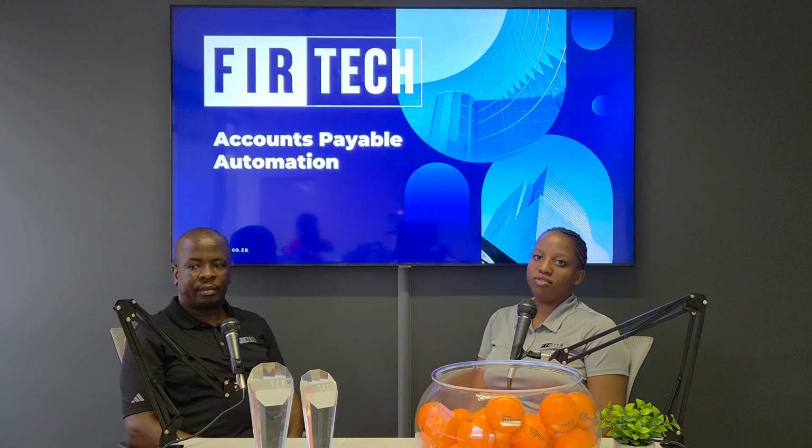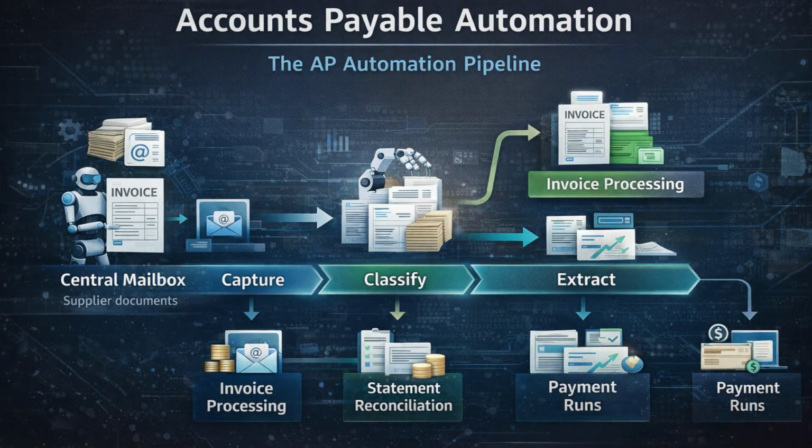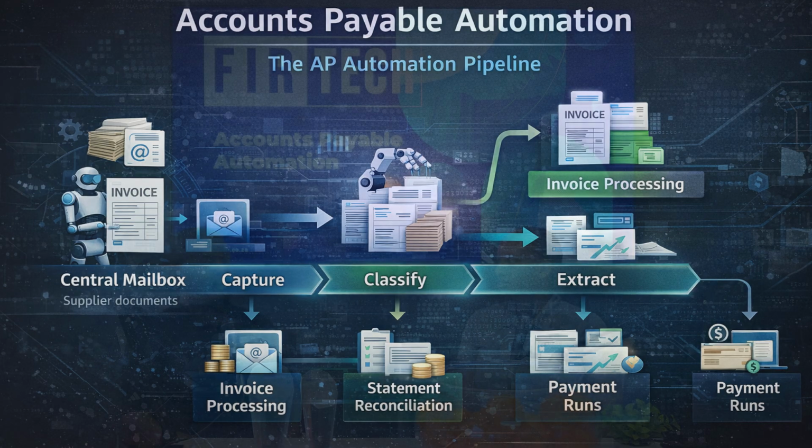With automation, it's able to take over those manual tasks and process the invoices independent of the AP team. This then frees up the AP team so that they can focus on high value tasks instead of manual data entry. So take us through how the solution supports AP automation.